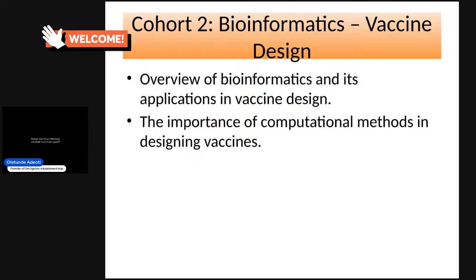But when you are using a computational method like bioinformatics, within 1 year you can even get a vaccine. For example, COVID-19 came in 2019, and by 2020 we already had a vaccine that would be used to control COVID-19. So that is very, very important.